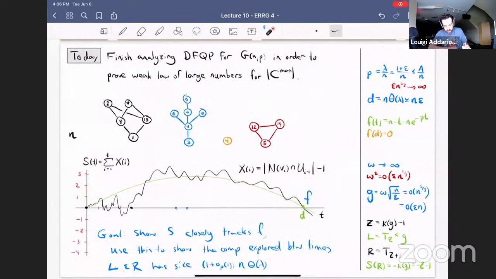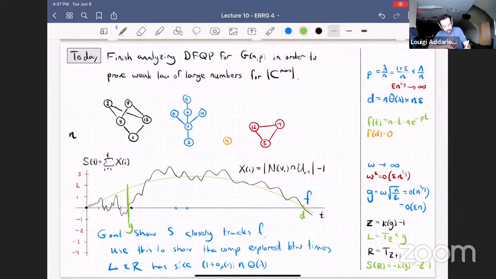Okay. So we know that each time the exploration process hits a new local minimum, that means it finishes exploring a component. So we had fixed this early time g, and we were going to look at the component straddling time g. So g was omega root n over epsilon, and the key fact about that was that it was much smaller than n to the 2/3, and in particular smaller than epsilon n.